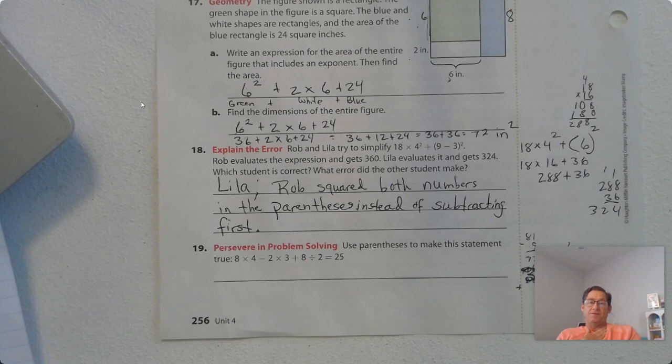All right. Use parentheses to make this statement true. 8 times 4 minus 2 times 3 plus 8 divided by 2, and we've got to come up with an answer of 25. Well, this might just take you some guessing and checking. So let's see.